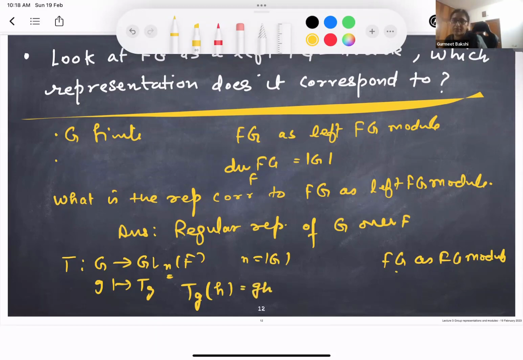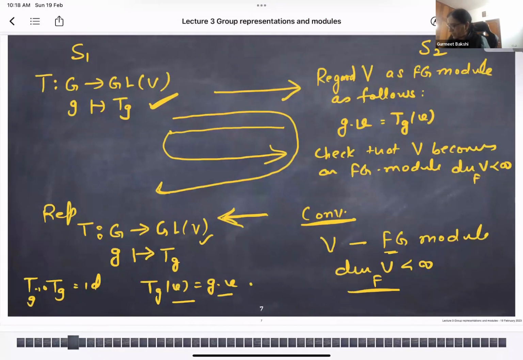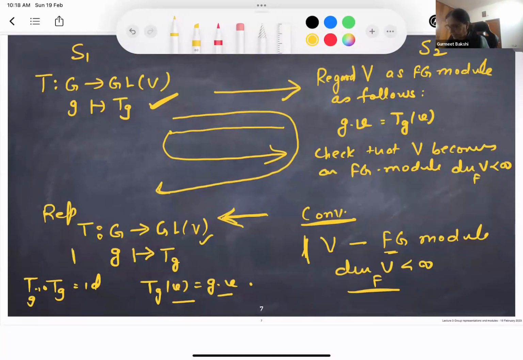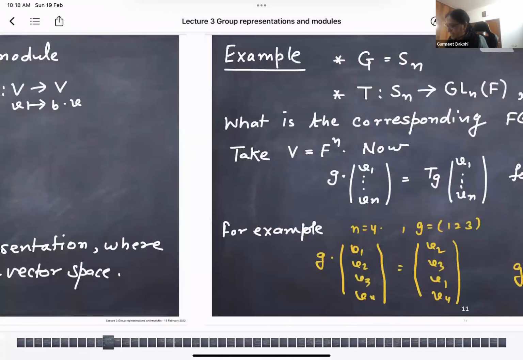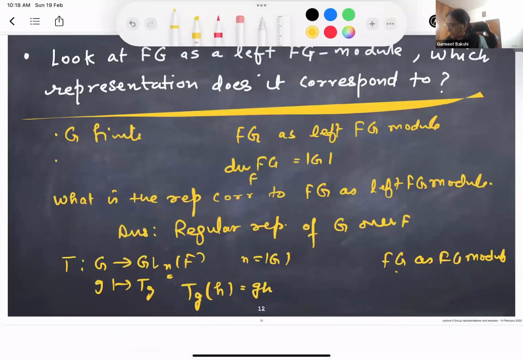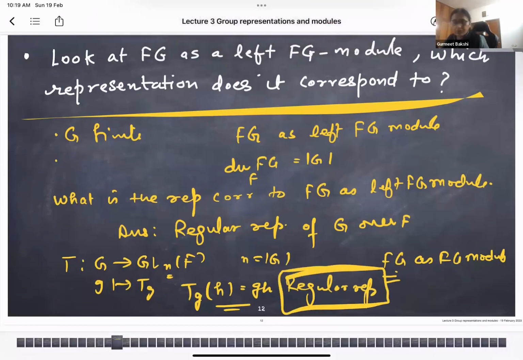And this is what I defined here, in the correspondence, as the representation corresponding to this vector space. Exactly the same way, I'm taking V as FG. That's it. If you take V as FG, then what you get is the regular representation of G over F. So I hope this is clear.